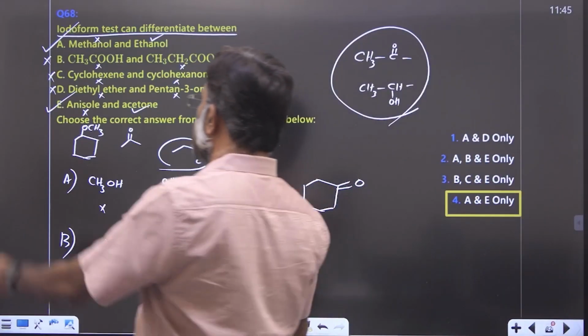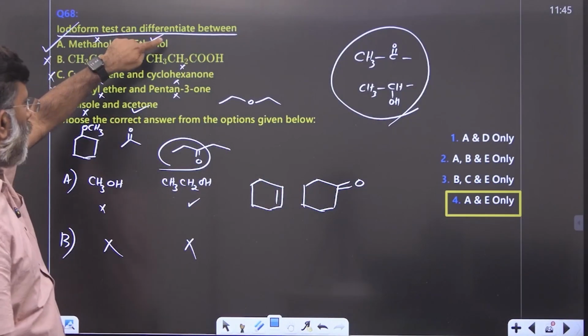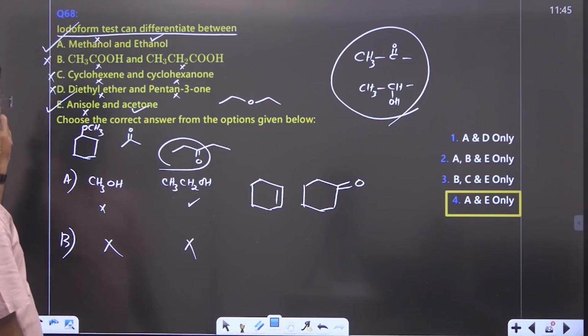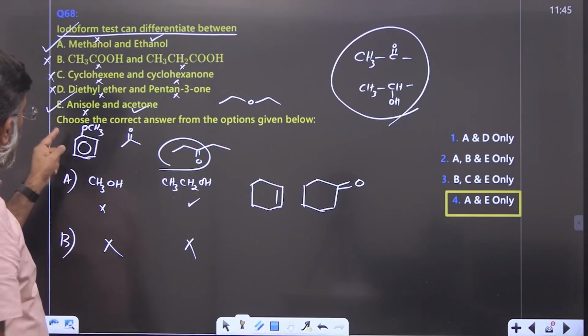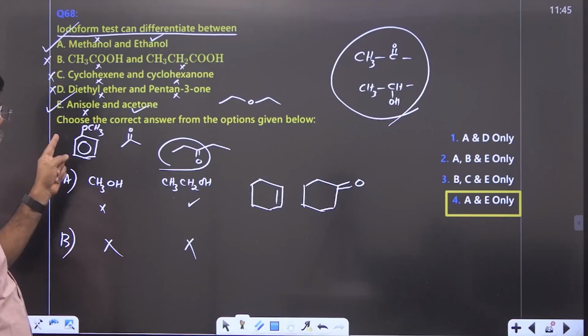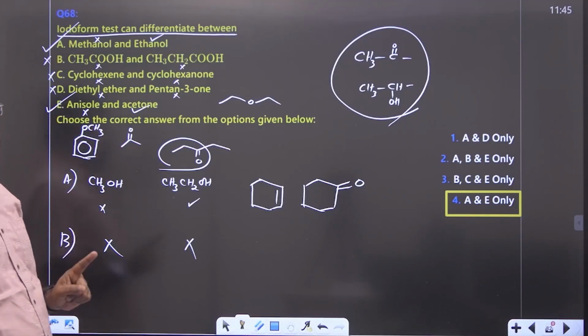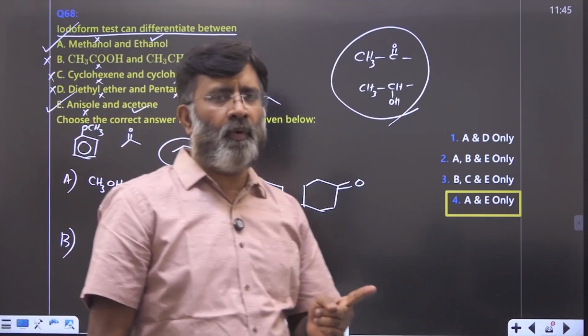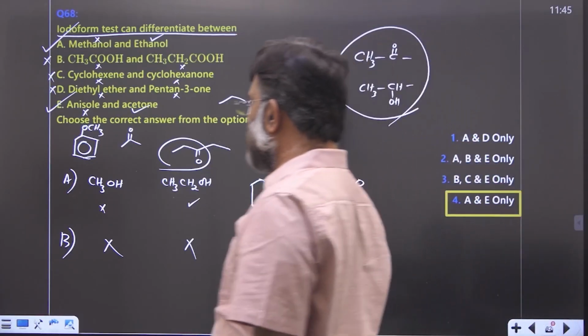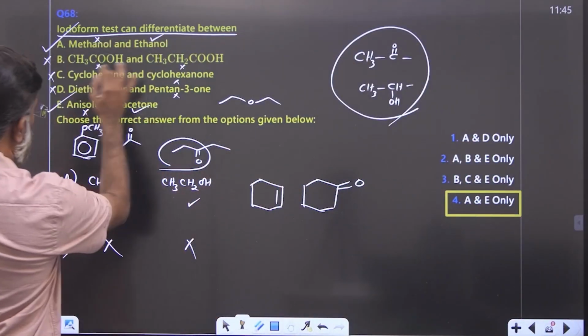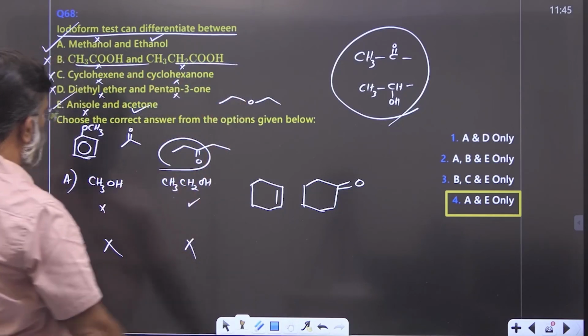In option A, methanol, ethanol: ethanol can, methanol cannot. In option E, anisole and acetone: anisole not, acetone yes. Acetone will give you iodoform test. Anisole will not. Now in option B, both cannot. This is not the test for carboxylic acid.